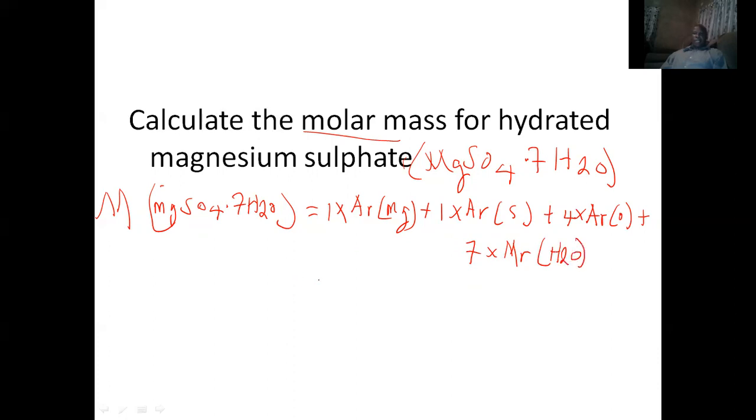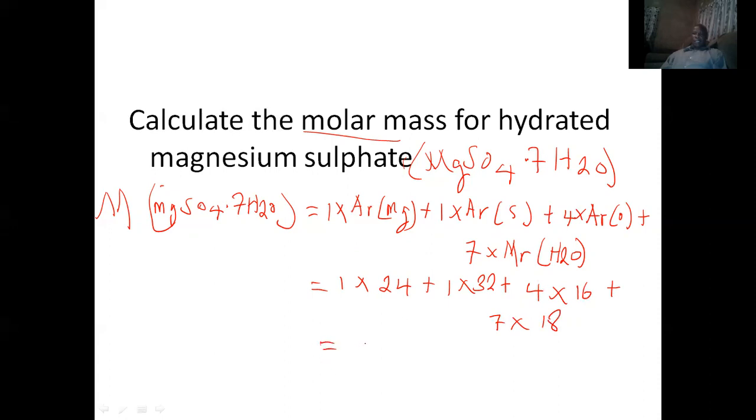And so we can now add them. 1 multiplied by 24 for magnesium, relative atomic mass, plus 1 multiplied by 32 for sulfur, plus 4 multiplied by 16, plus 7 multiplied by the relative molecular mass for water, which is 18.